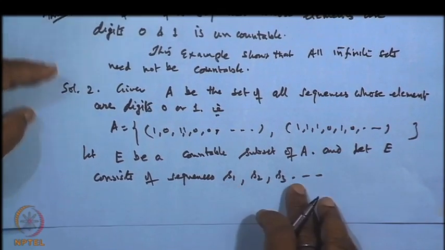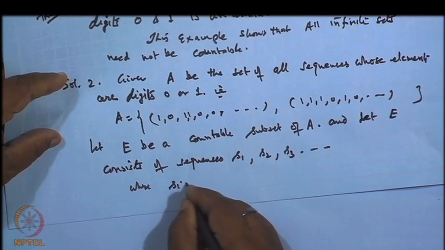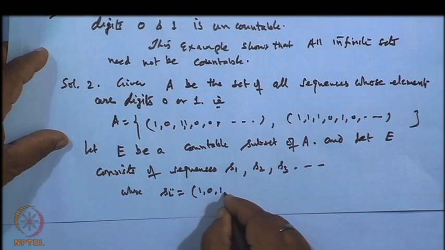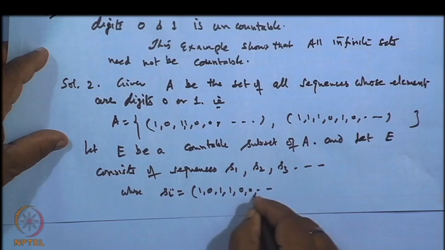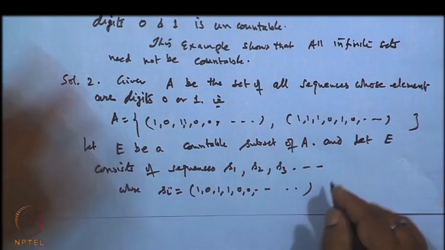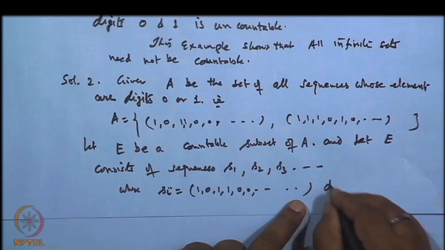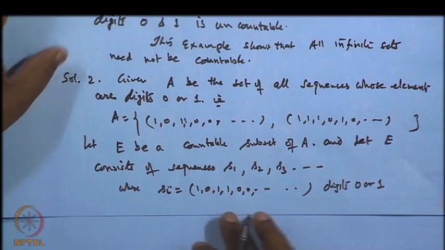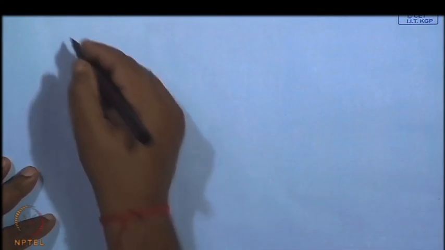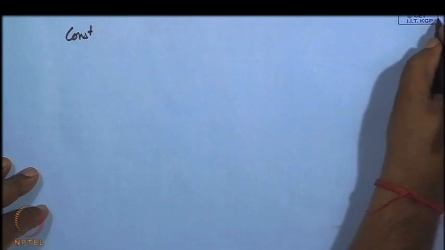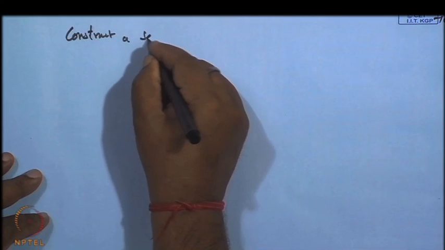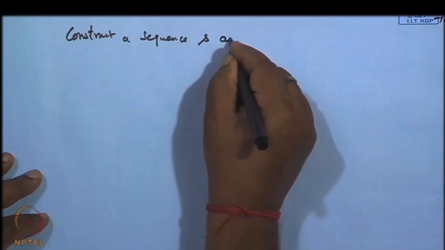Now, each Si is, maybe, 1 0 1 1 0 0 0 and so on, means the digits are either 0 or 1. Now, from this let us construct a new sequence S as follows.